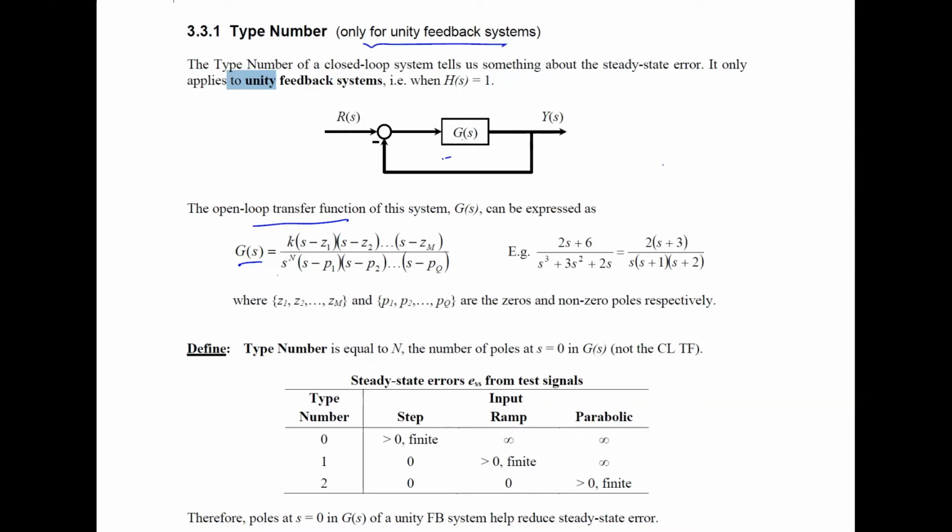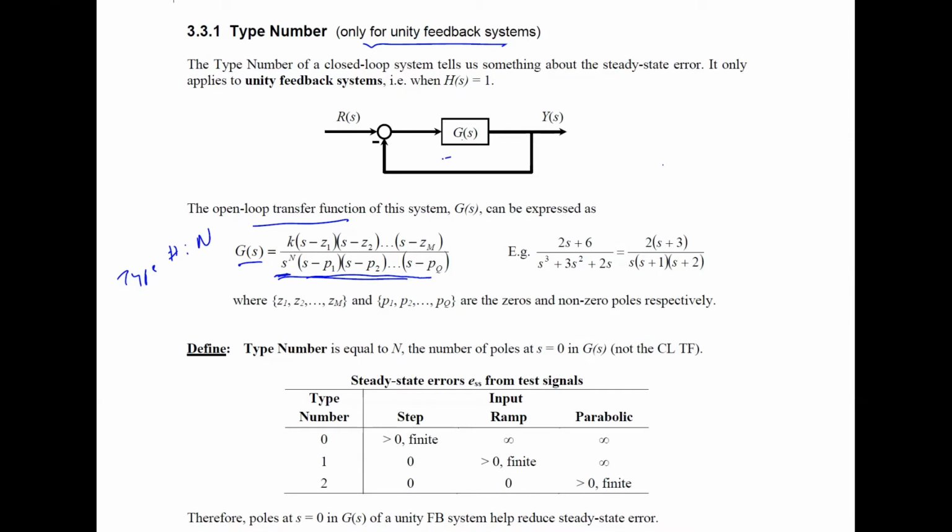This transfer function is said to have a type number n. So the only thing that is important is the number of poles at the origin.